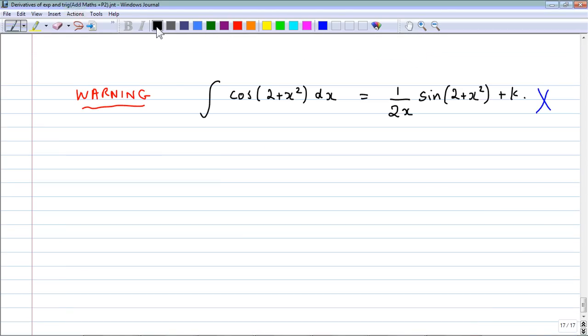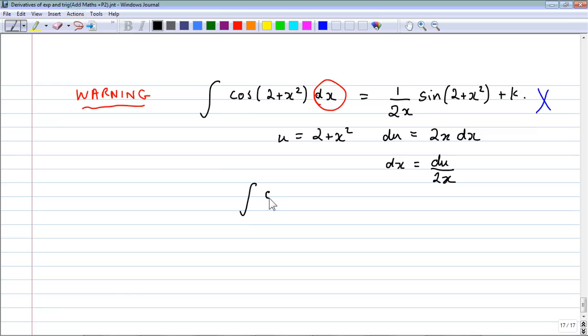If we wrote a substitution u equals 2 plus x squared, we would have du equals 2x dx. So here I'm differentiating x squared to get 2x. So in this original formula I would have to replace dx with du over 2x, and I would get integral of cos u times du over 2x.